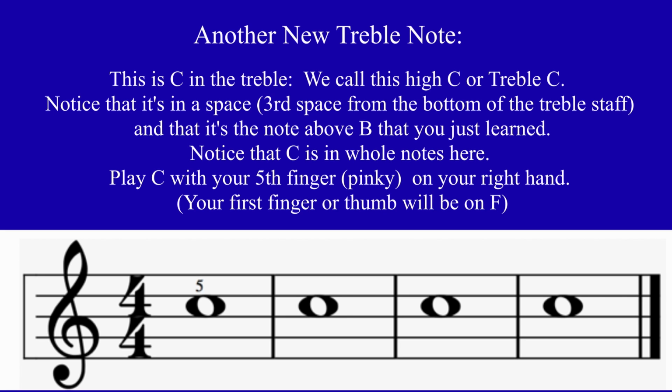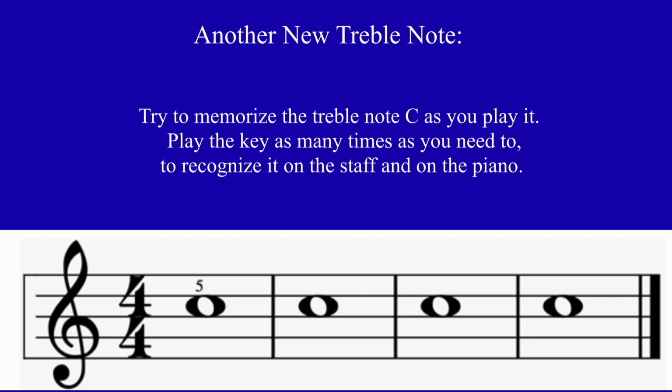Your first finger or thumb will be on F. Try to memorize the treble note C as you play it. Play the key as many times as you need to recognize it on the staff and on the piano.